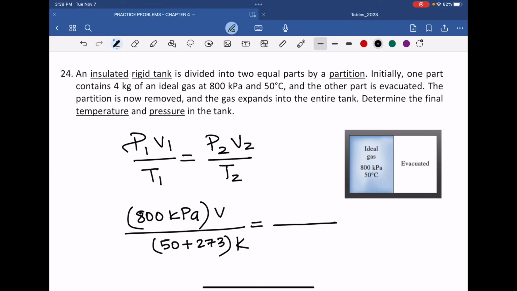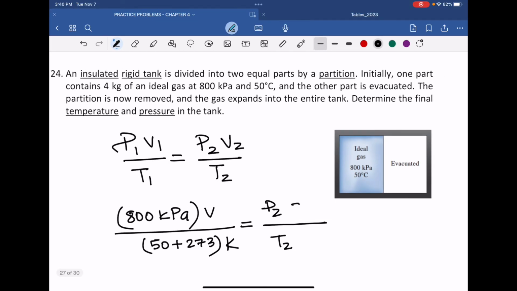Pressure is something they're asking for, and they're also asking for the temperature, right? So this is 2V. In this case, I'm seeing that we have two unknowns, and this will not give me the answer directly. That means there has to be a way that I figure out the temperature at the second state.